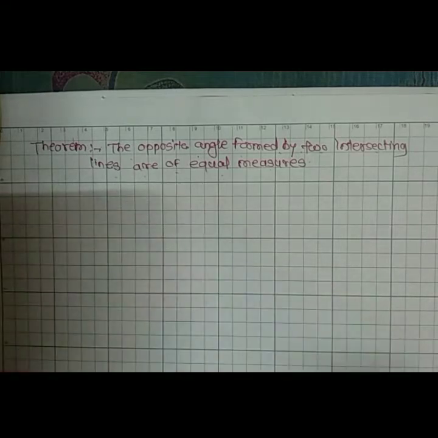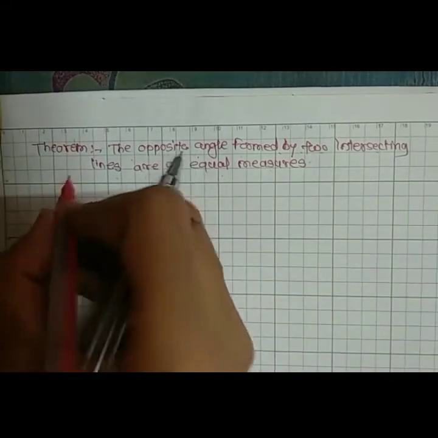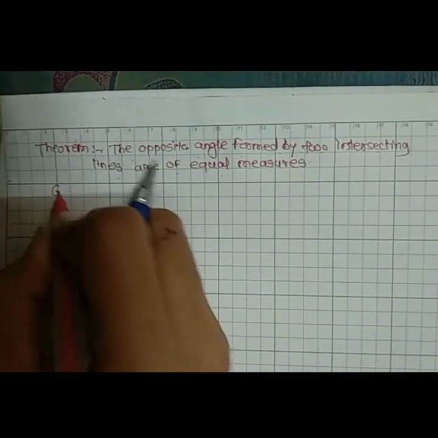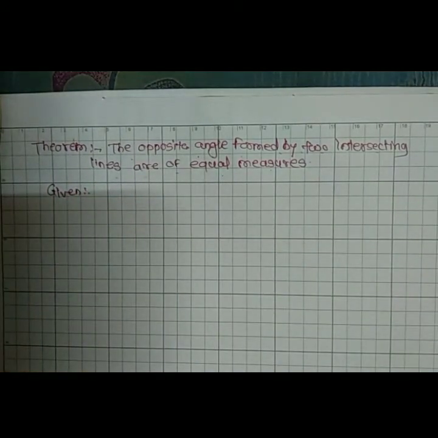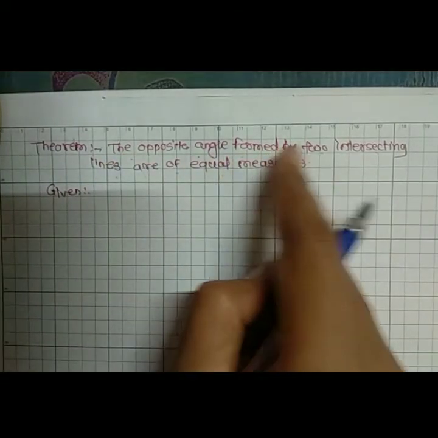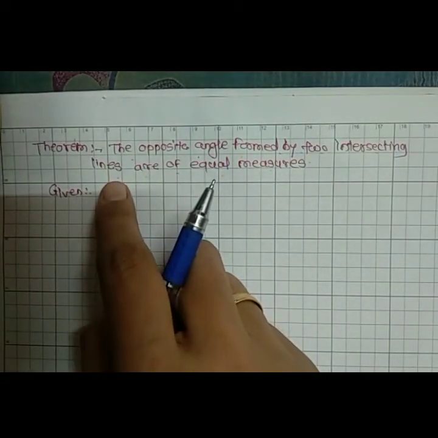In this statement, the given part, the antecedent, is the opposite angles formed by two intersecting lines.